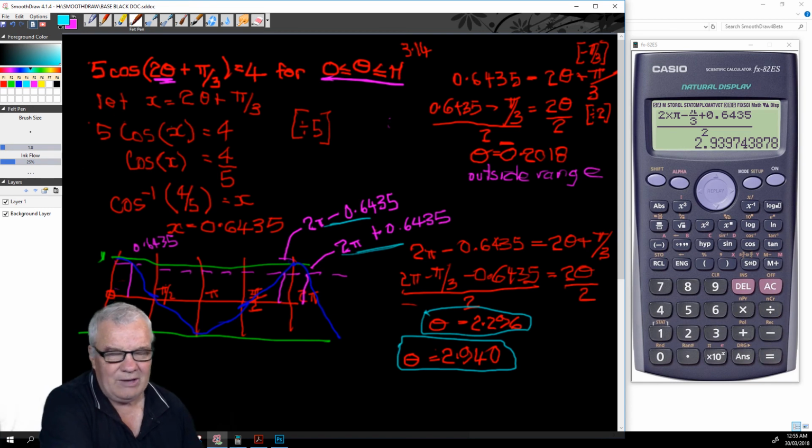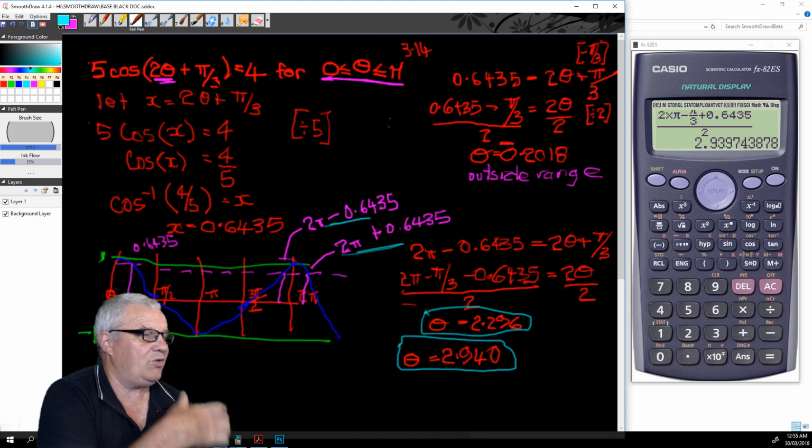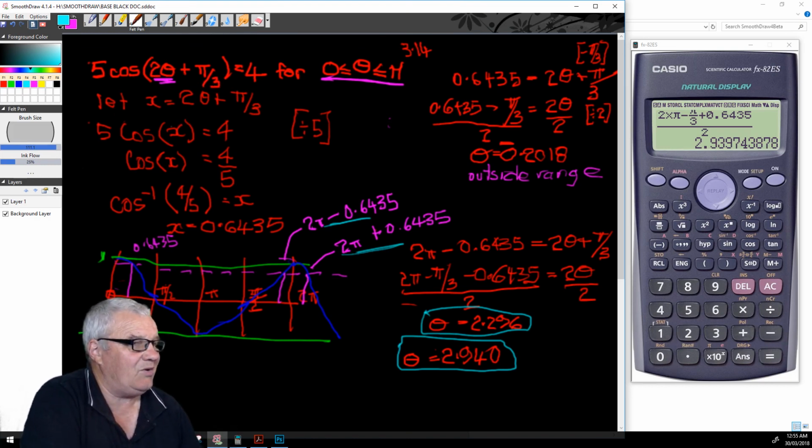So just to recap all that, we've got 2 theta, but that's going to be very complicated. So what we do is we let that equal x.